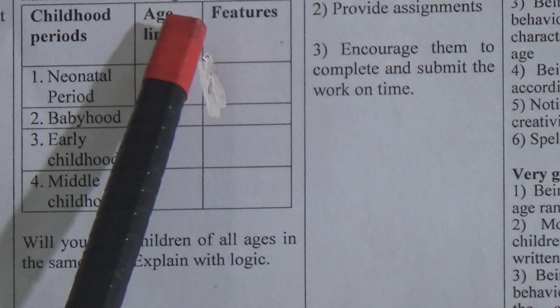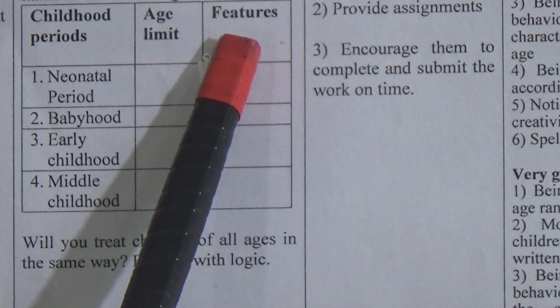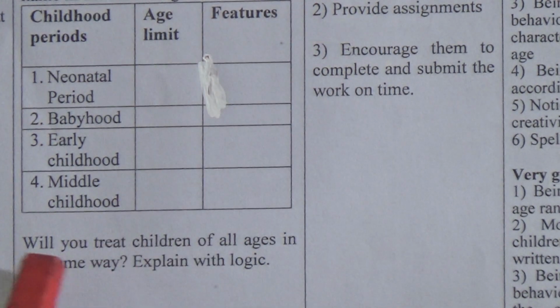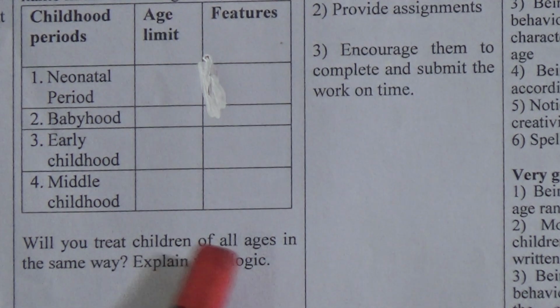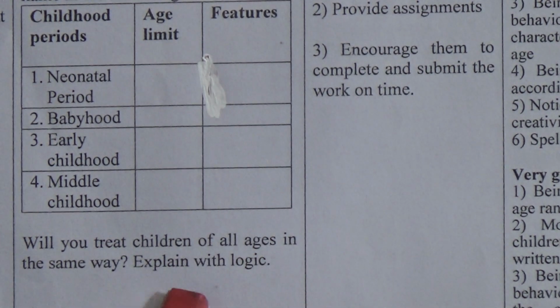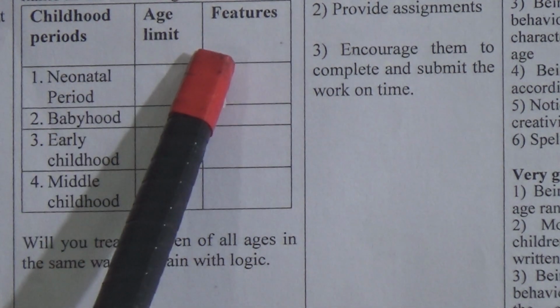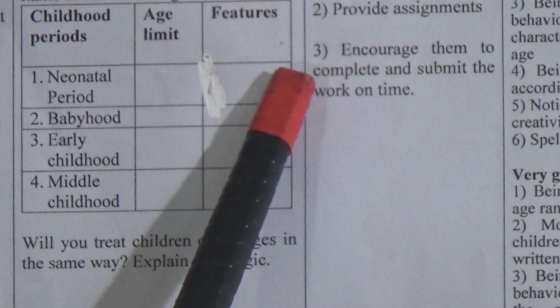Here is given age limit, and in the next row you will get features. And the last question, will you teach children of all ages in the same way? Explain with logic. Now I will show you how you will prepare your assignment.